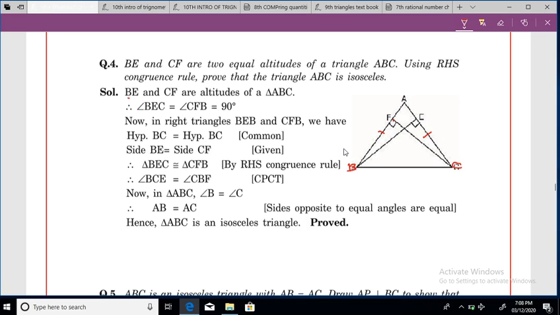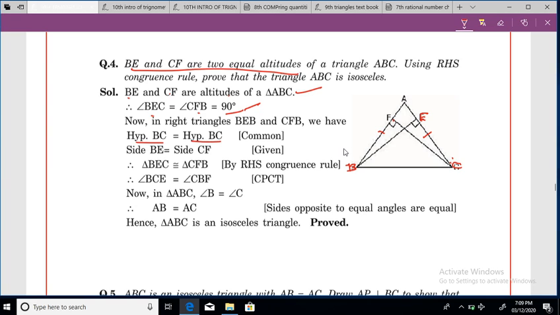So BE and CF are altitudes of triangle ABC. So they are given here. So given statement, angle BEC and angle CFB are 90 degrees. Now in right angle triangles BEC and CFB, we have hypotenuse BC.